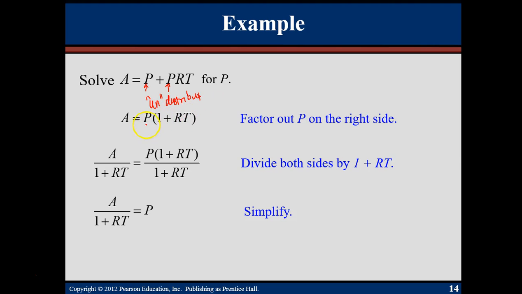Now I want p by itself. Now, all of this is being multiplied by that. So we could do that flip again, where I can think about all of that as the coefficient of p. So all I need to do is divide by 1 plus rt on both sides. When the variable that you want to solve for appears more than once, you're going to have to factor somewhere along the way.